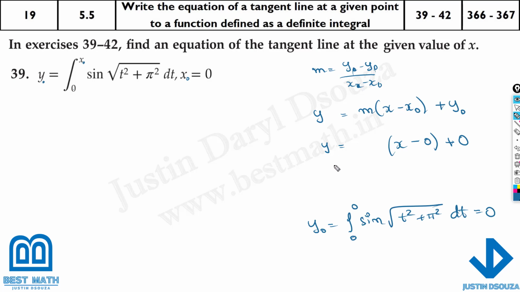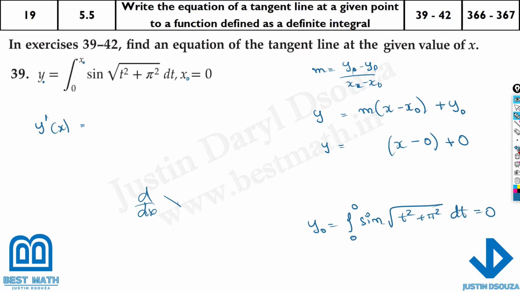Okay, the m is still missing. What do we do for m? Now here we need to differentiate this. Derivation is dy by dx, right? So y dash with respect to x we are deriving, y dash of x. You know derivative d by dx and its inverse is the integral, so they basically cancel off.